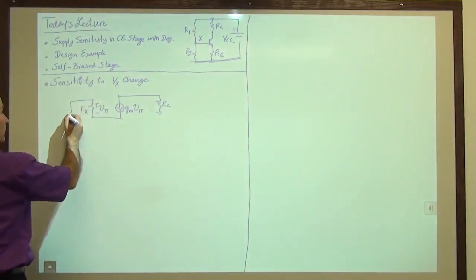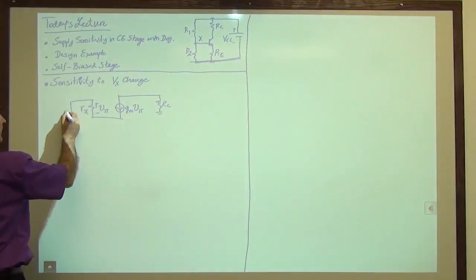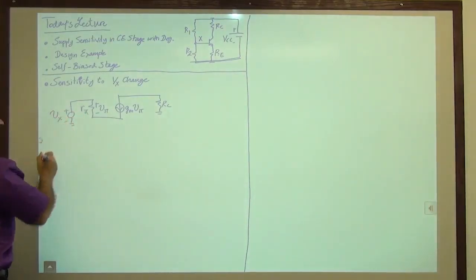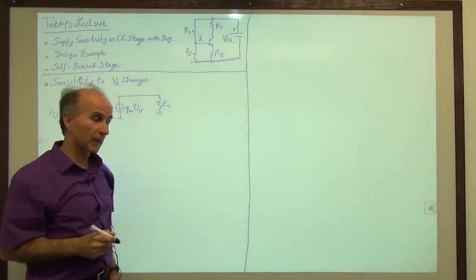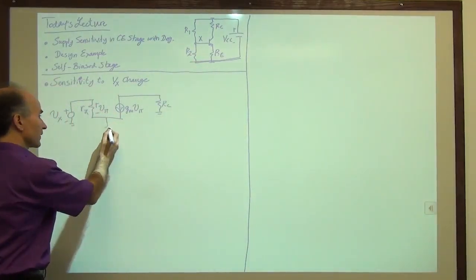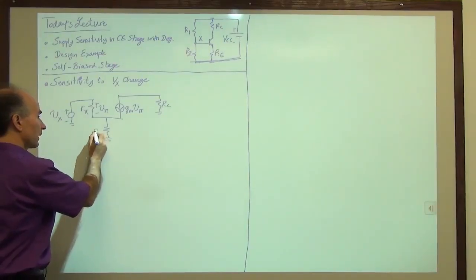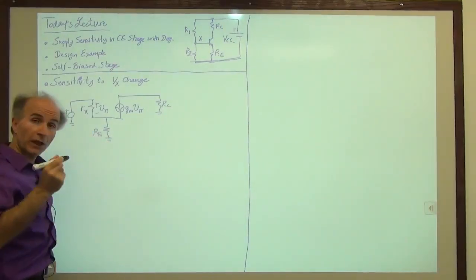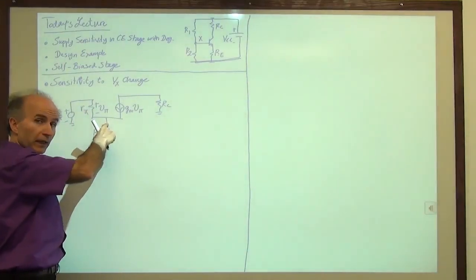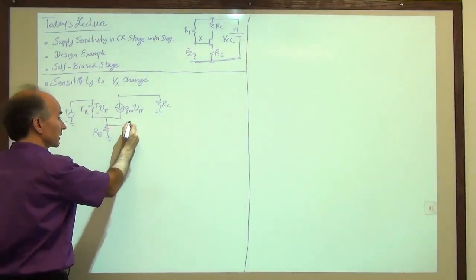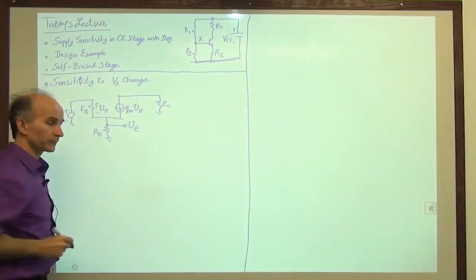So we can call it whatever we want. Maybe we'll call this Vx. Vx represents the change in this voltage. And we have a resistor that goes from the emitter to ground, RE. And what we are interested in is the change in this voltage. So again, we will call this voltage Ve, the small signal change.